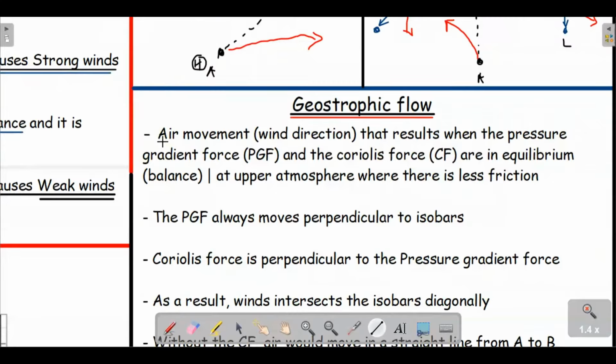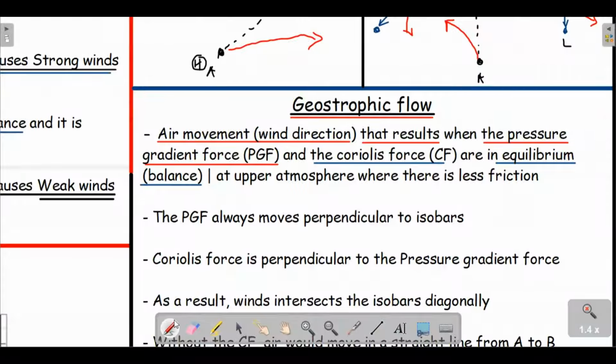Geostrophic flow is simply an air movement, or a wind direction, that results when the pressure gradient force and the Coriolis force are in equilibrium. Equilibrium means in balance. They have balanced each other.